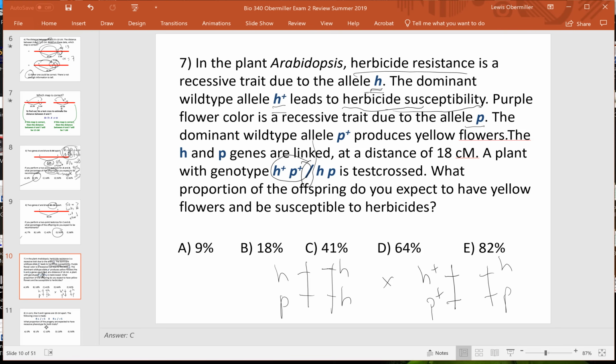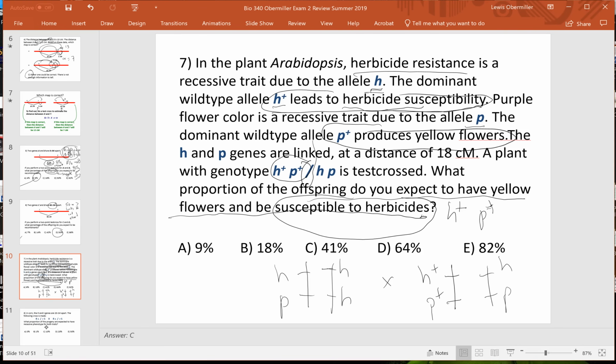All right, so what proportion of the offspring would you expect to have yellow flowers and be susceptible to herbicides? So to be susceptible, they would have to have at least H plus. All right, that's susceptible to herbicides. And they would have to have yellow flowers, they would have to have at least a P plus allele. All right.